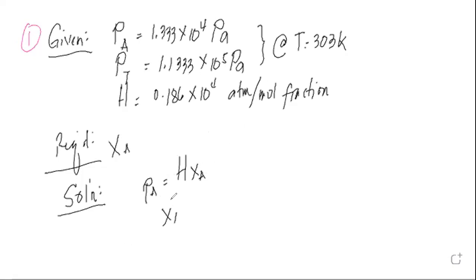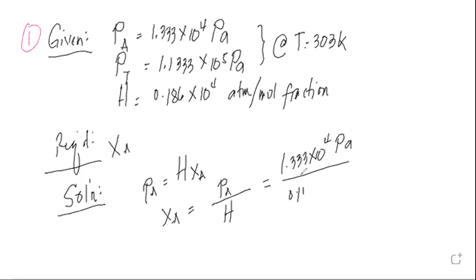Now, XA would be your partial pressure divided by the Henry's law constant. So your partial pressure, 1.333 times 10 raised to 4 Pascal, you divide by Henry's constant, which is 0.186 times 10 raised to 4 atm per mole fraction.